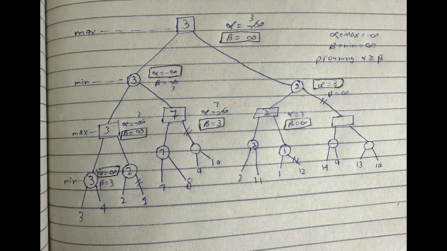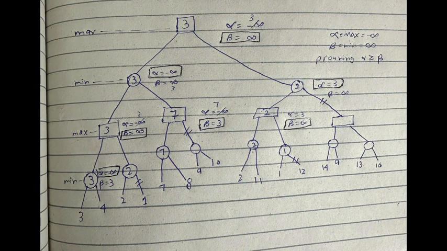Keep in mind the circles and the squares that I made didn't have any values. The only values we were given were at the end of these nodes: 3, 4, 2, 1, 7, 8, 9, 10 and so on. The same way we go up, and now we're at the max level.